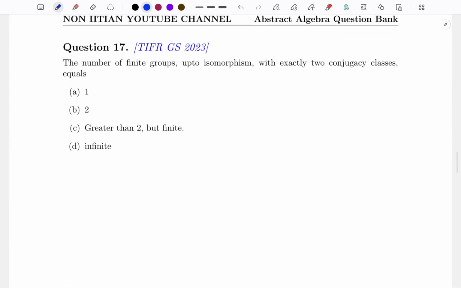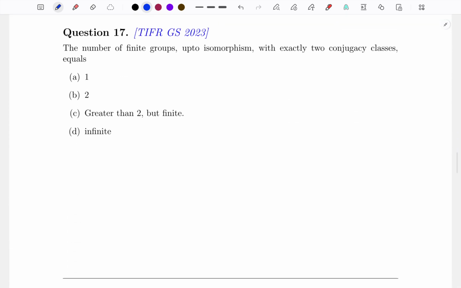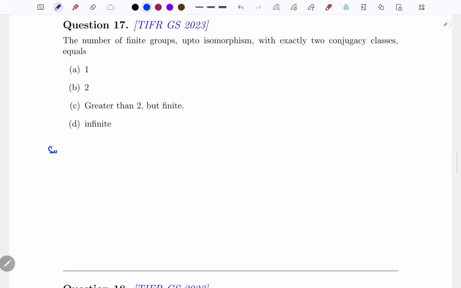The number of finite groups up to isomorphism with exactly 2 conjugacy classes. Okay, so let's see this particular problem. Let G be a finite group such that G has only 2 conjugacy classes, and let us name them, say, C1 and C2.